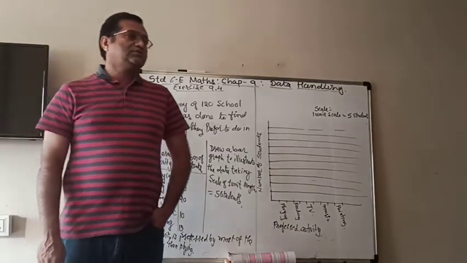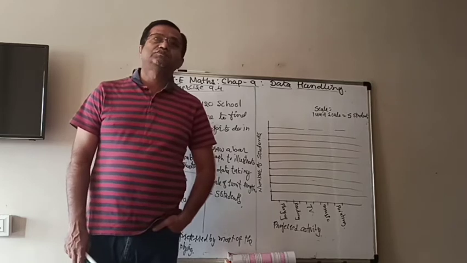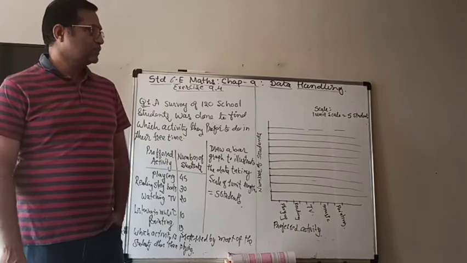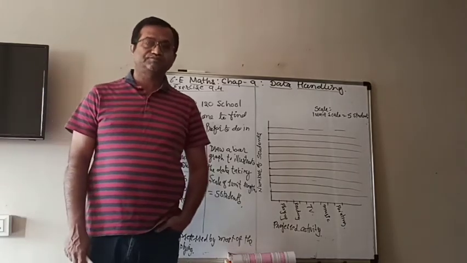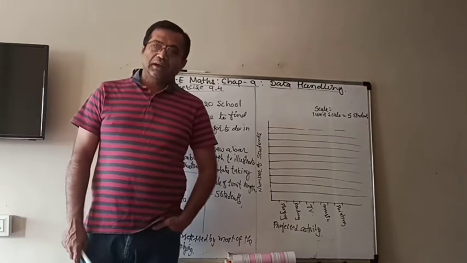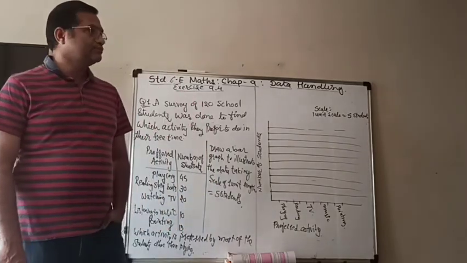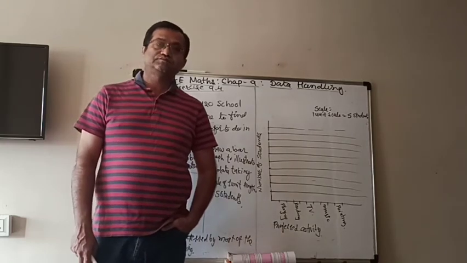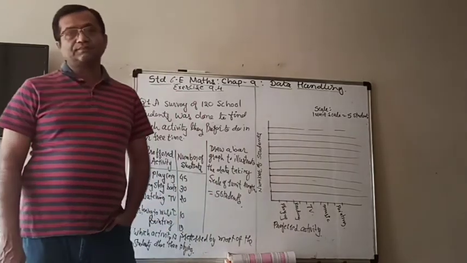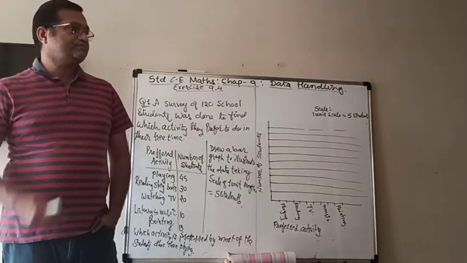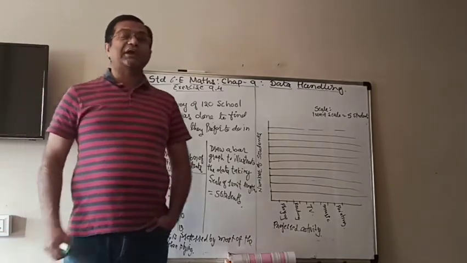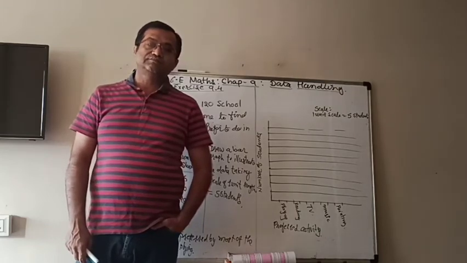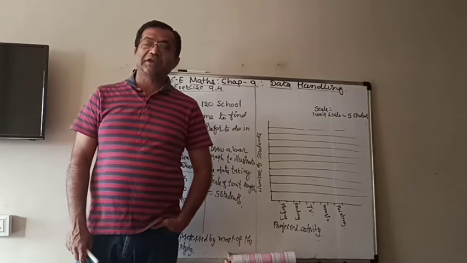For that we need two perpendicular lines, a horizontal line and a vertical line, and then we need to choose a proper scale to represent the data such that the maximum use of graph paper can be done and data can be represented very nicely.